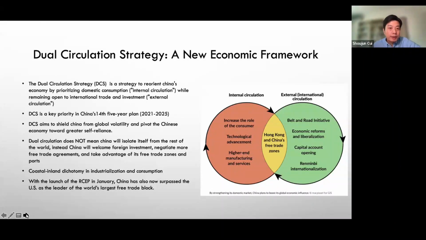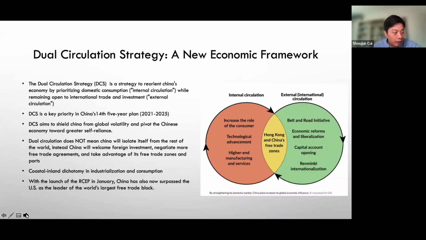So the first is the China dual circulation strategy. I think this is a very new economic framework for China's future development. To understand the dual circulation strategy, we need to know that in 2015, China's Premier Li Keqiang put forward a new concept, that China entered a stage of new normal.